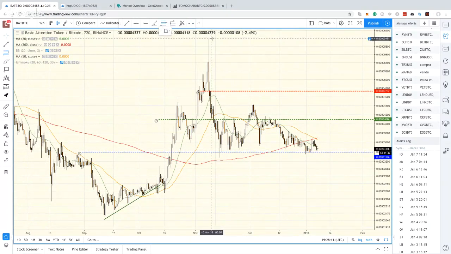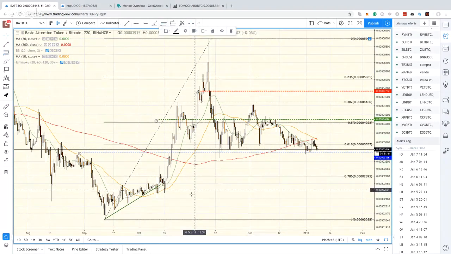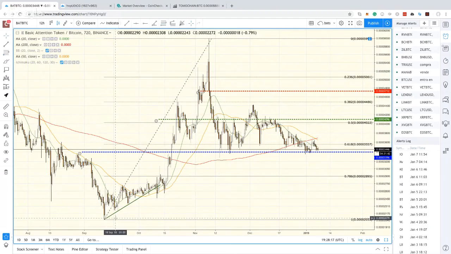We're gonna review Komodo as well. Let's do some Fibonacci's. We lost the 0.618, and this is bearish as well. I wouldn't be surprised if we lost this support, then go down to 0.786 if BTC goes down.